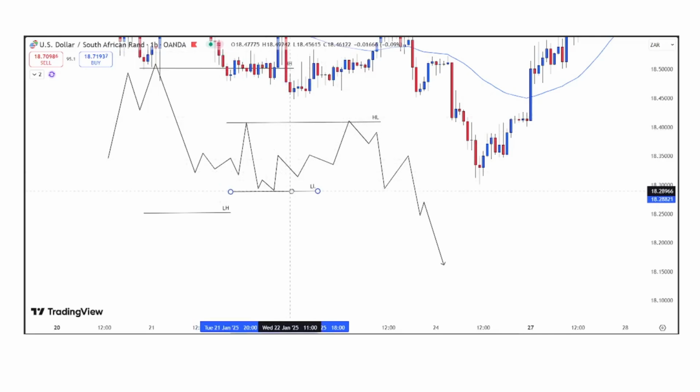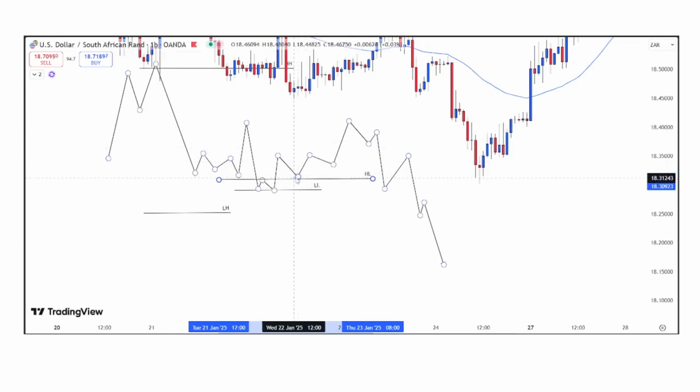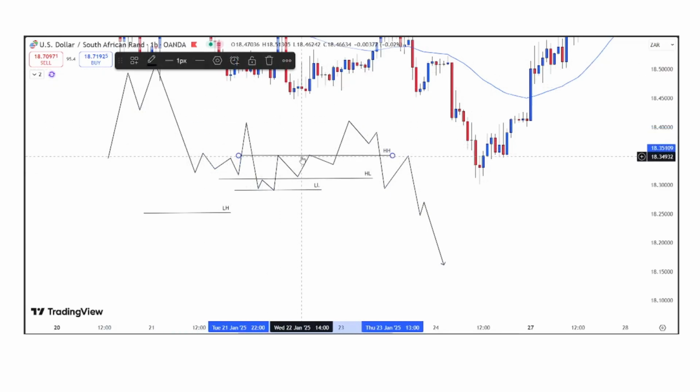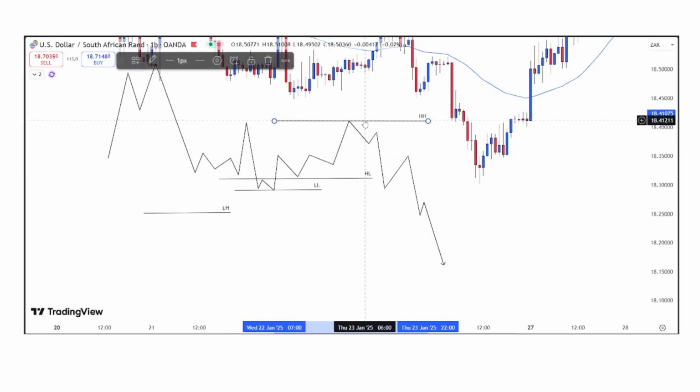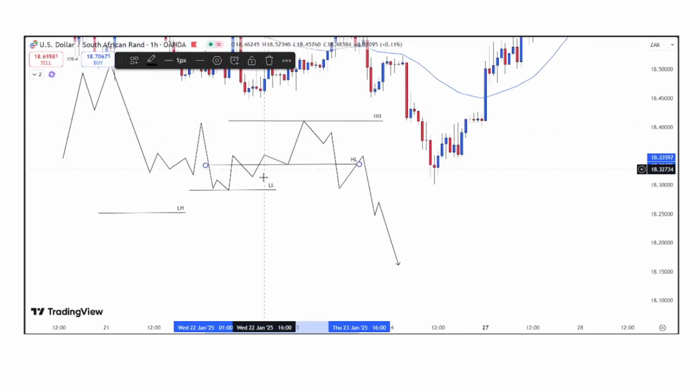Here we get our small little break, so we got a lower low, and this then becomes our lower high. Price breaks out of that, we get our higher high. Price comes back, hits our higher high, doesn't break it, comes back into our zone, breaks it. This then becomes our higher high, this becomes our higher low, right?